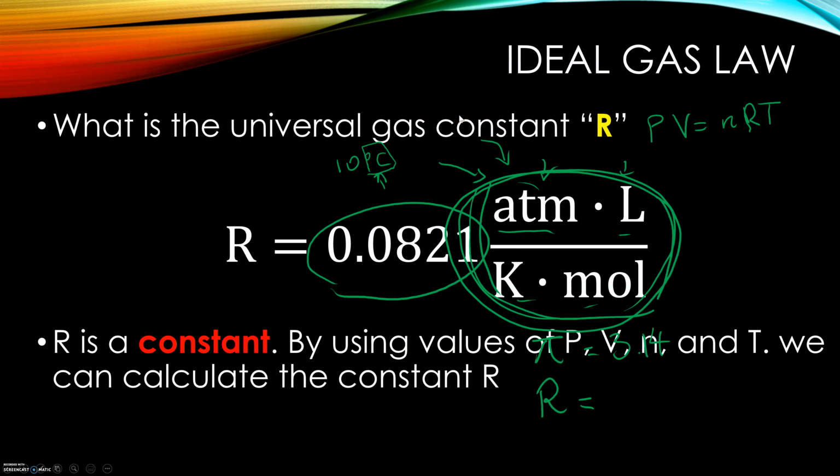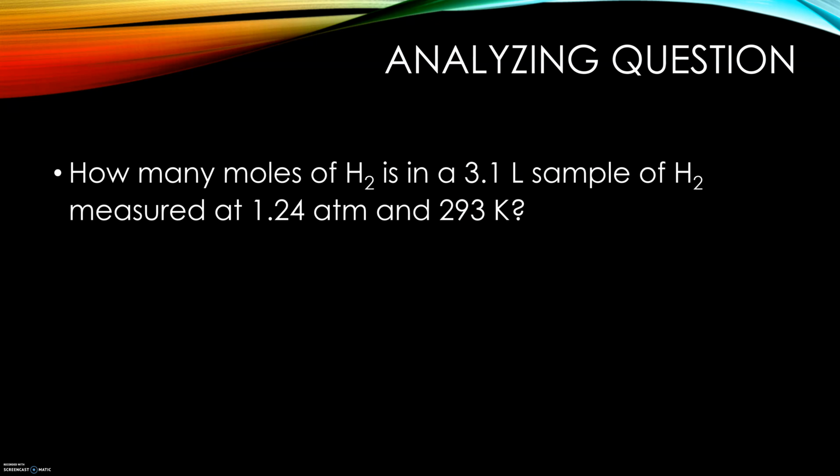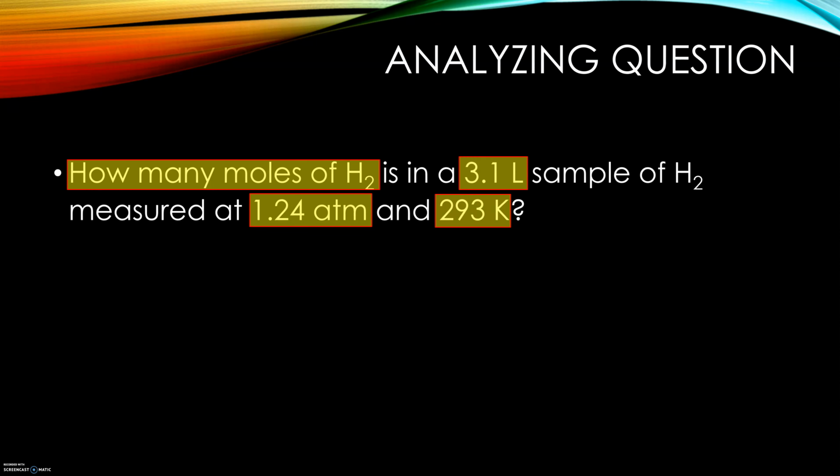All right. So how can we apply this to a question? Well, let's look at this one right here. How many moles of H2 are in a 3.1 liter sample of H2 measured at 1.24 atmospheres and 293 Kelvin? Well, it's all the same. Identify all the numbers here, then ask what the question is finding, and then identify each. Liters, atmospheres, Kelvin. You very well know what these units are associated with, and you can then predict this.